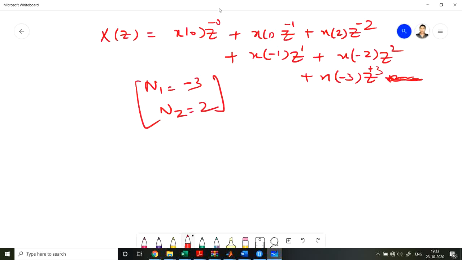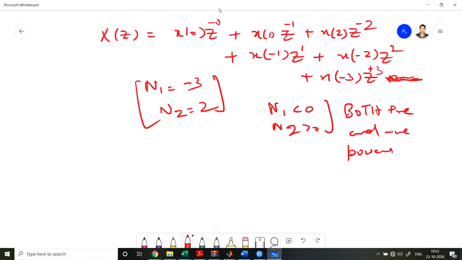So both negative and positive powers of z are there when we take N1 less than 0 and N2 greater than 0. So let us take that we have both positive and negative powers of z.